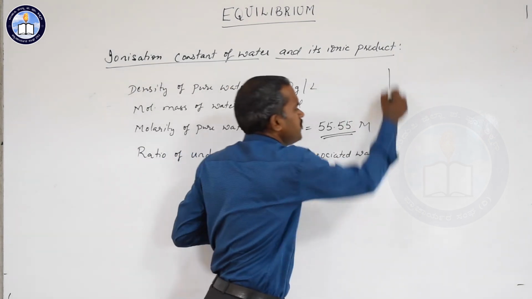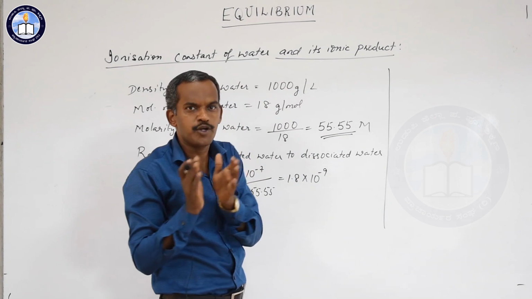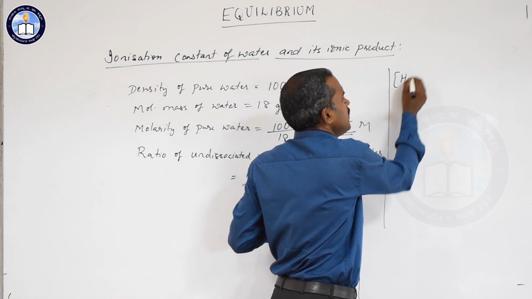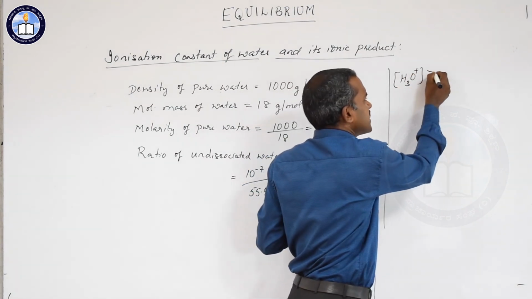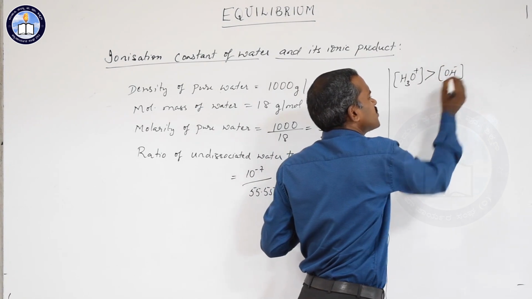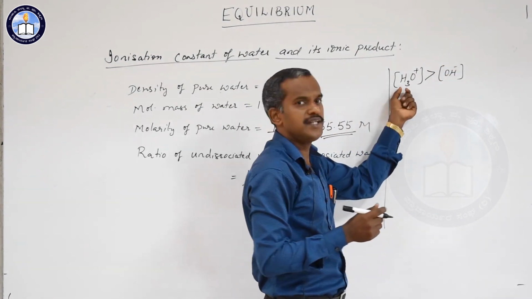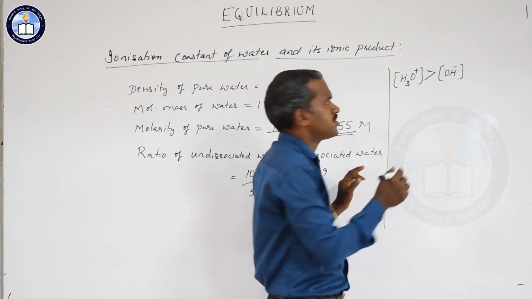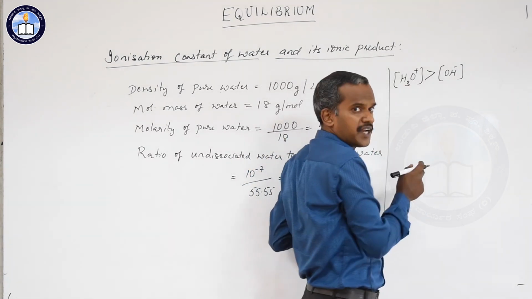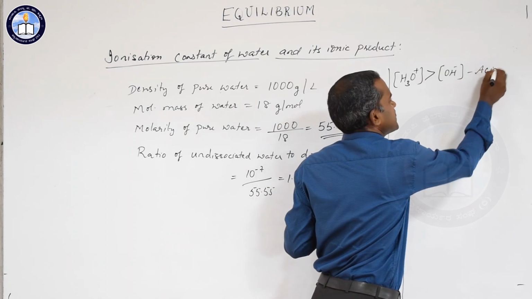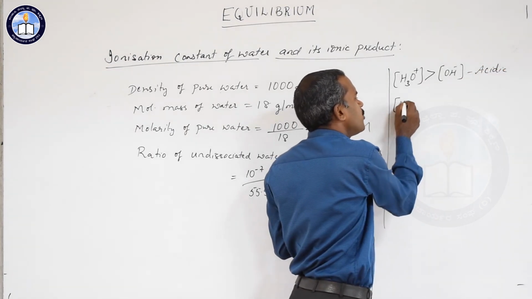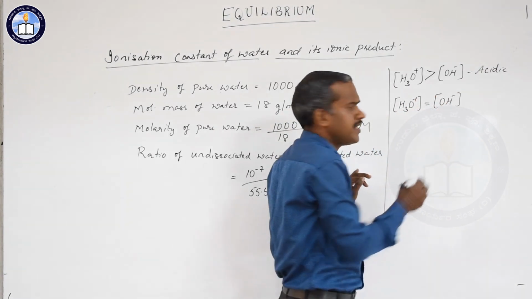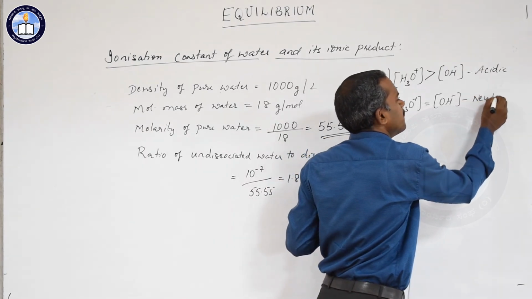A very important thing you have to understand, based on the hydronium ion concentration and hydroxyl ion concentration, remember the three simple things here. The solution can be acidic, basic or neutral based on the comparison of these values. If the hydronium ion concentration is greater than the hydroxyl ion concentration, the solution is acidic. If the hydronium ion concentration is equal to the hydroxyl ion concentration, then it will be neutral.